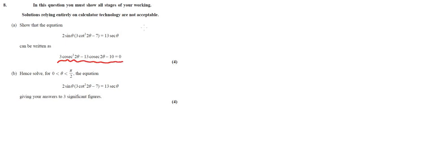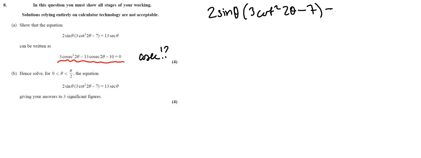Okay, right. So first thing I'm going to think, okay, look, this is all one function. Everything's in cosec. So whatever I do, I've got to think in terms of cosec. So let's have a look at our expression. I've got 2 sine theta, 3 cotangent squared 2 theta minus 7.